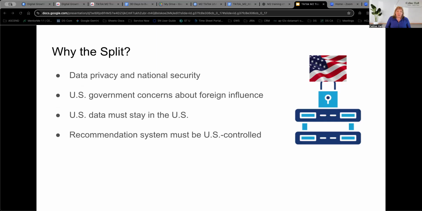There were concerns that TikTok could be used to influence public opinion through politics or culture through its recommendation algorithm. And then number three, there were local control issues. Demand that American data must be stored in the US on US soil and only processed under US oversight.